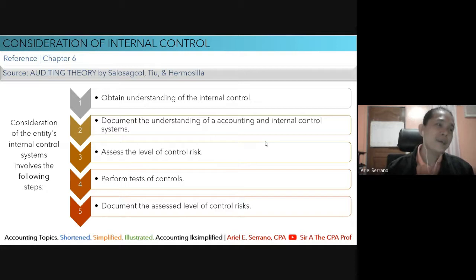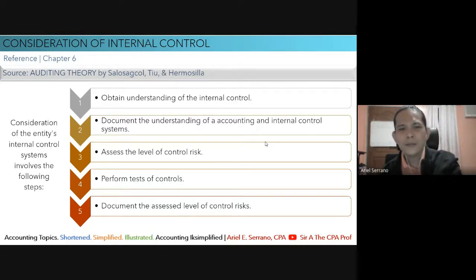Ano bang ibang synonym ng documentation? Ito na yung isusulat natin kung ano yung pagkakaintindi natin doon sa internal control based on the procedures that we will be doing. And then, number 3, eto na yung we will have to assess the level of control risk.